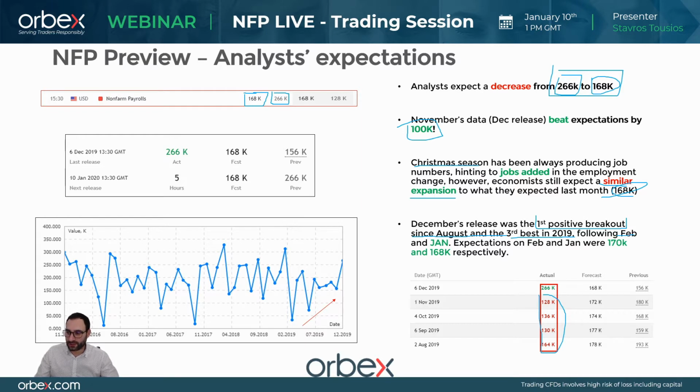And guess what? That follows February and also last January. Now, expectations for February and also January last year were 170K and 168K respectively, which is coincidentally the same number as on this forecast.